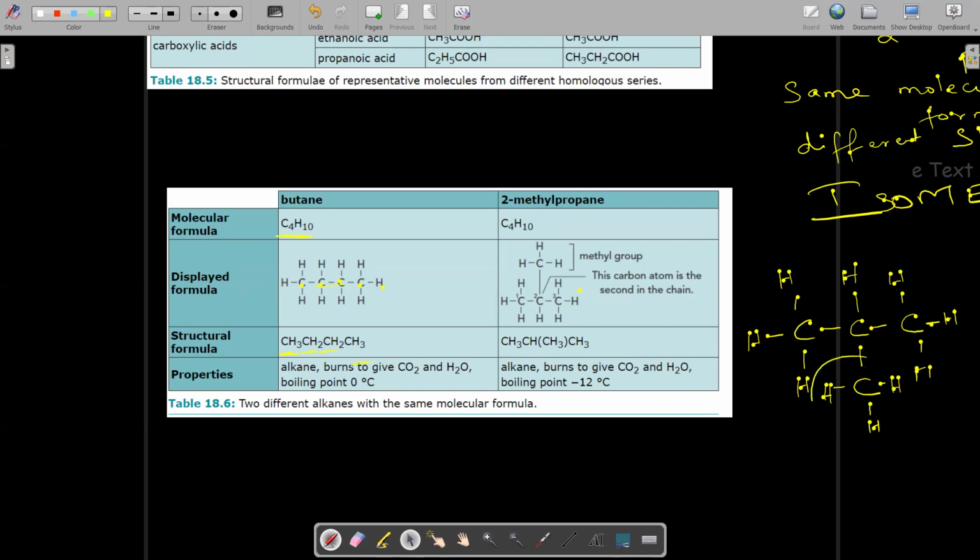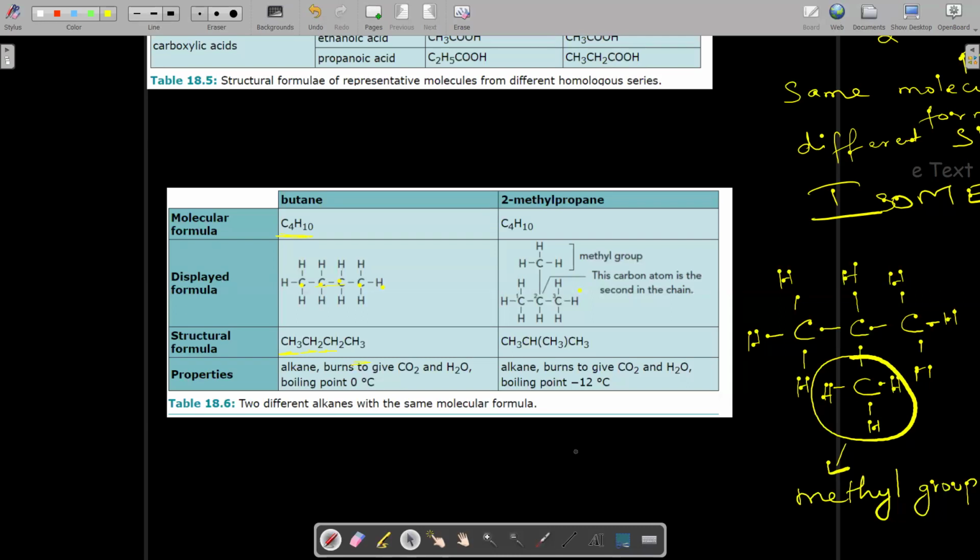Now this is actually another functional group, which is called the methyl group. We learned about many functional groups. We learned about the alkane group, which has single bonds, alkenes, which have double bonds, OH or alcohols, and COOH, carboxylic acids.